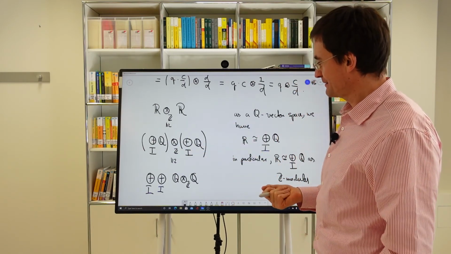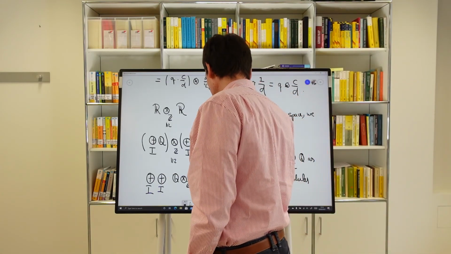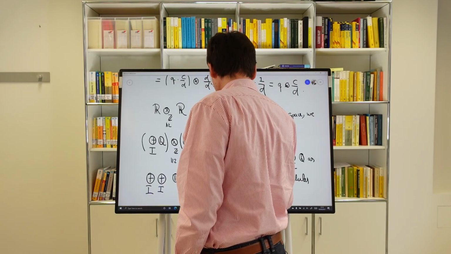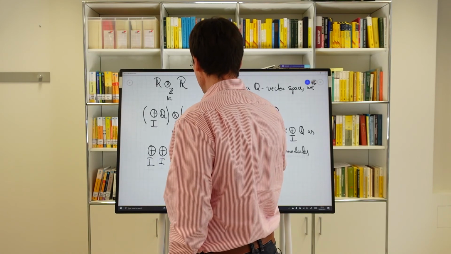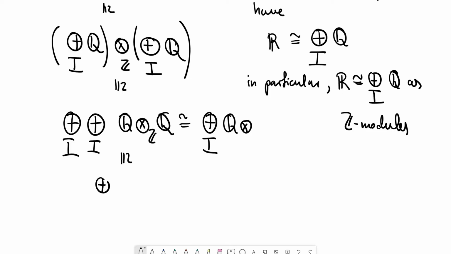So algebraically, this is just cardinality of R many copies of Q tensor over Z Q. Let me put it here. And for the summands, we already found out what it is.